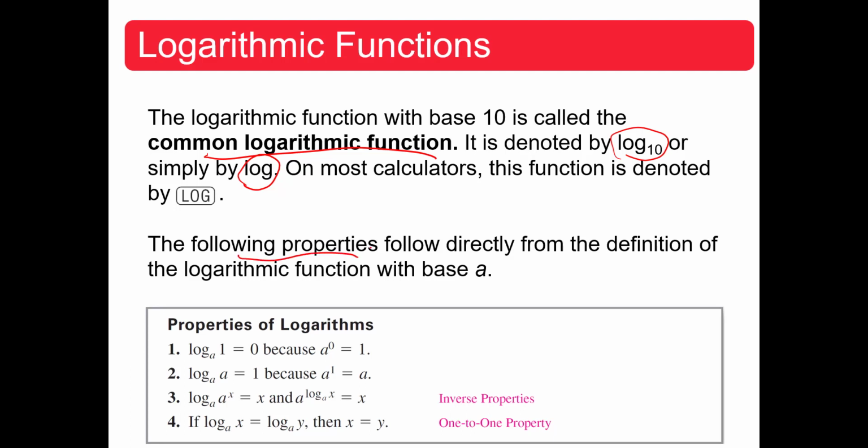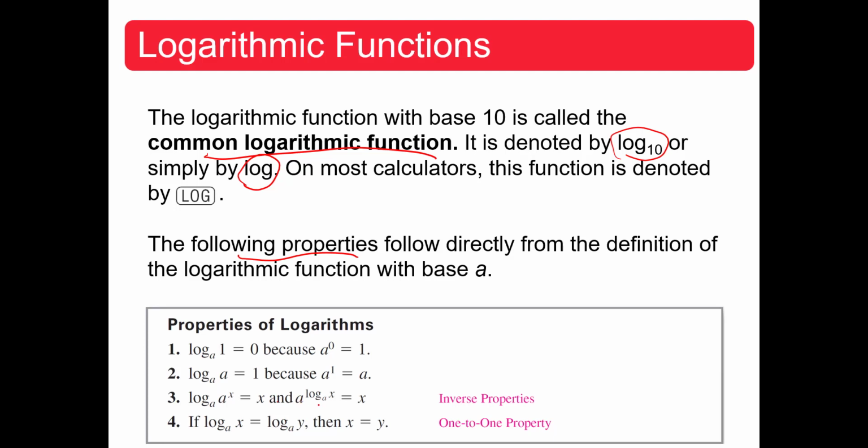The following properties apply to the logarithm function with base a. Log base a of 1 equals 0, because a to the 0 power equals 1. Log base a of a equals 1, because a to the first equals a. Log base a of a raised to x equals x, because logarithm and exponent are inverse functions of each other, so they cancel each other and we end up with x.